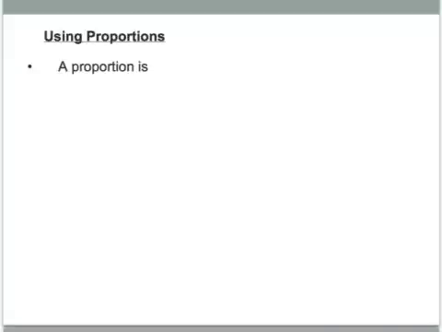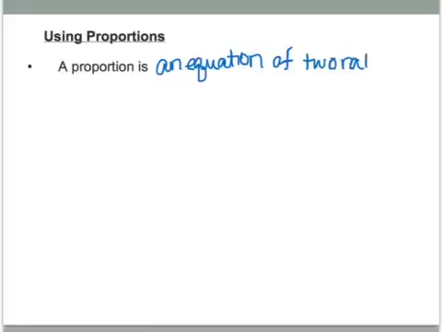Okay, now we're going to start talking about proportions. A proportion is related to a ratio. In fact, the definition is an equation of two ratios. So for instance, if I have a ratio of A to B, and I set that equal to the ratio of C to D, I have now created a proportion.